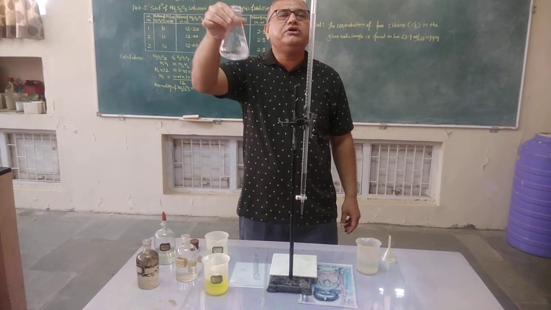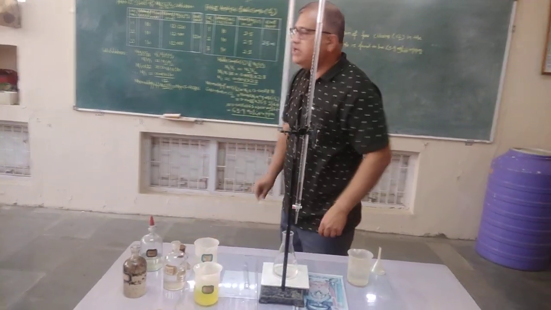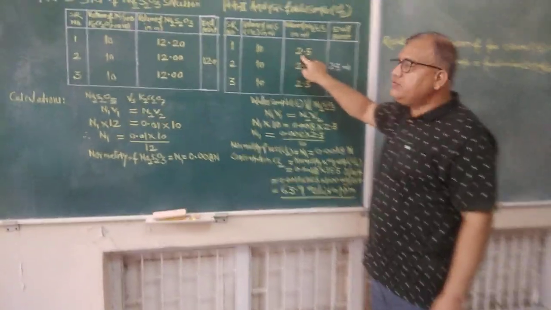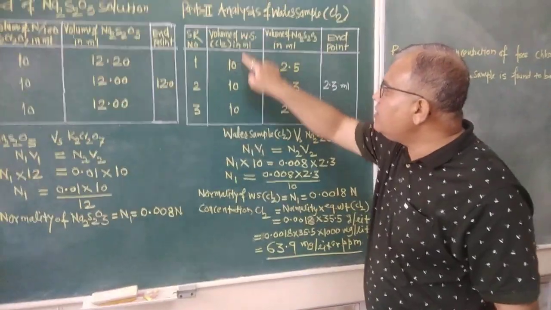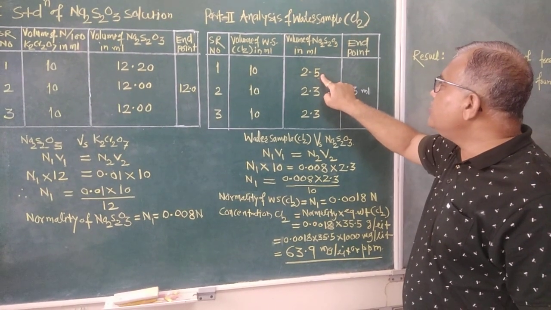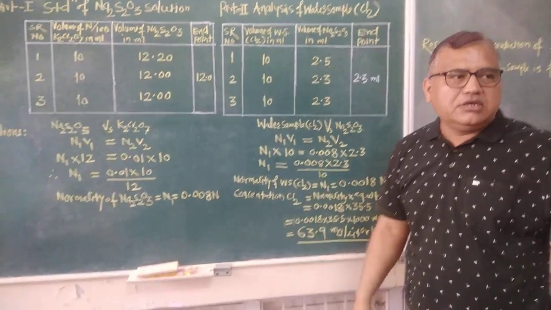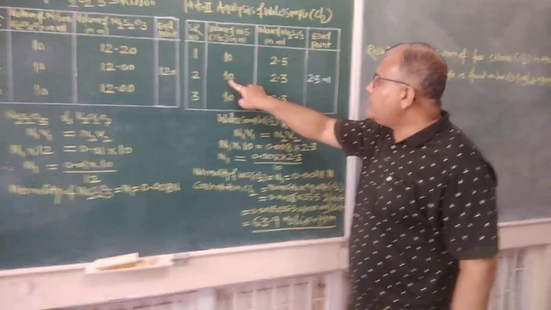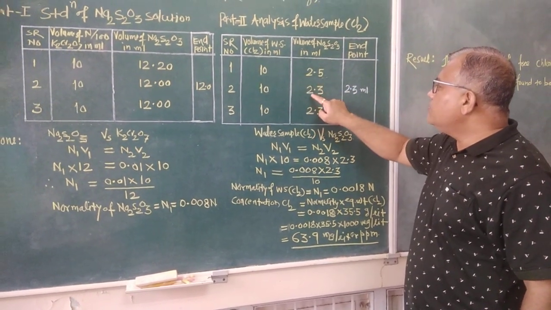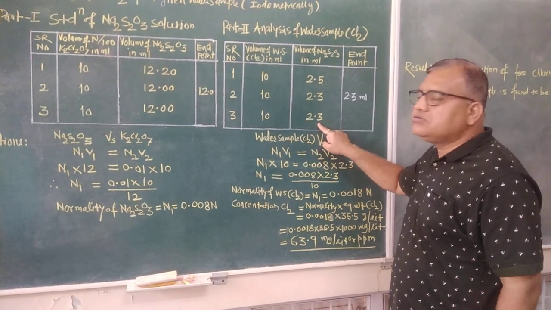So this is the end point of the second part, and the reading is found to be 2.5. Reading is 2.5 ml of Na2S2O3 for this particular 10 ml of water sample, and I have repeated this, and for 10 ml of the water sample, we got 2.3 reading the second time, and also the third time we got 2.3.